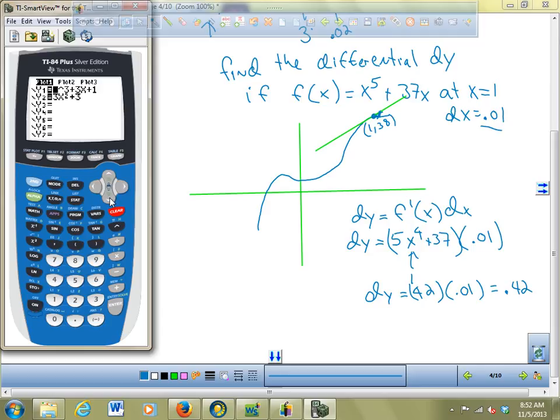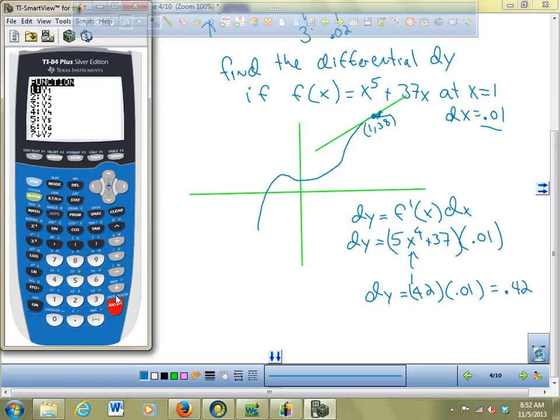Let me show you, okay? So if I did x raised to the 5th power, plus 37x, and I go second quit, and then go to the Y-VARS. So the way I would find the actual change is by taking f of 1.01 minus f of 1.